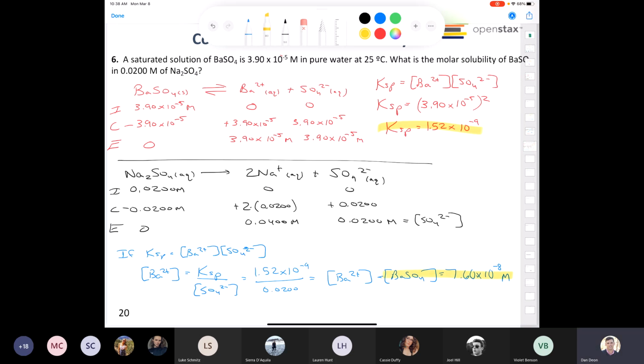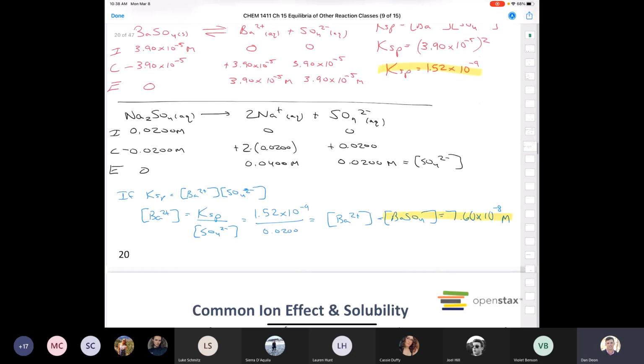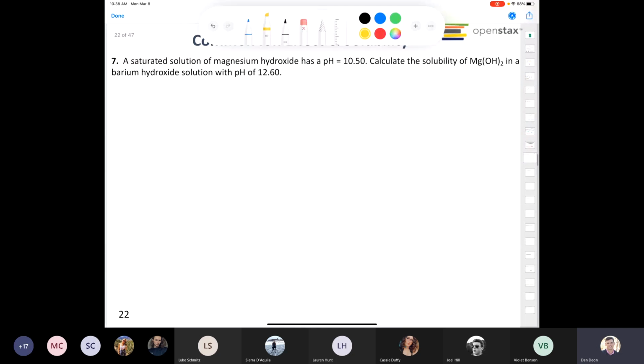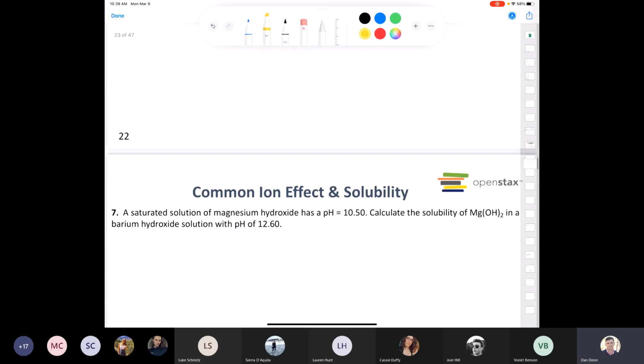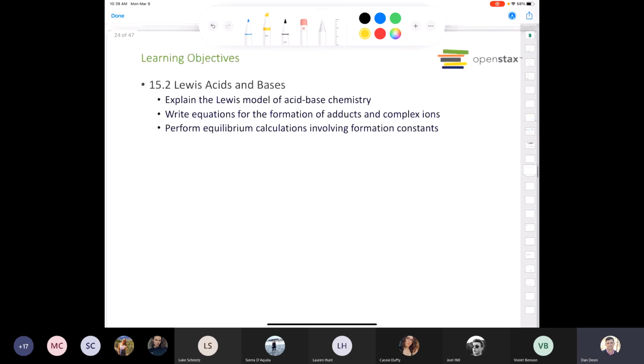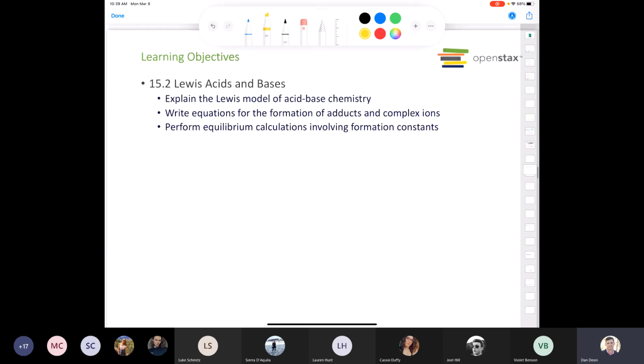All right, well, let's call it a day there. At the barest minimum of bare minimums, I would like you to try question 7 by next class, in the exact same vein as the question that we just solved. Then on Wednesday, we're going to look at Lewis acids and bases and talk about how they are involved in equilibrium. We're going to look at what are called coordination complexes or complex ions.